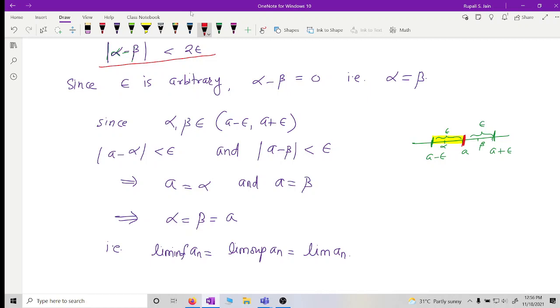But it cannot exceed 2 epsilon, right? Yes, ma'am. And epsilon is arbitrary, so A must be equal to alpha is equal to beta. Is that okay? Yes, ma'am. Now next theorem.